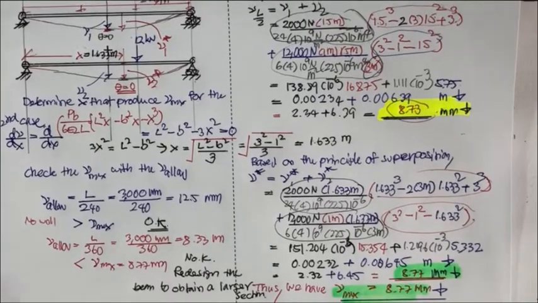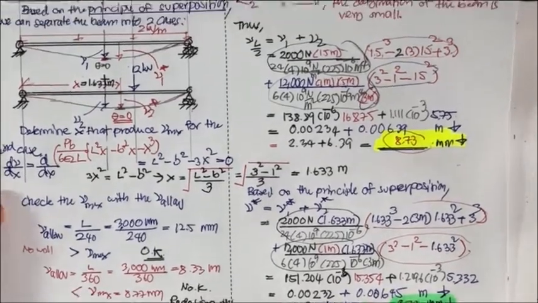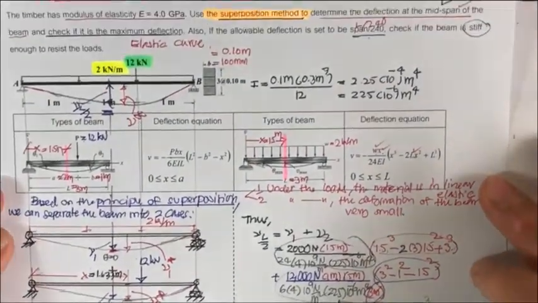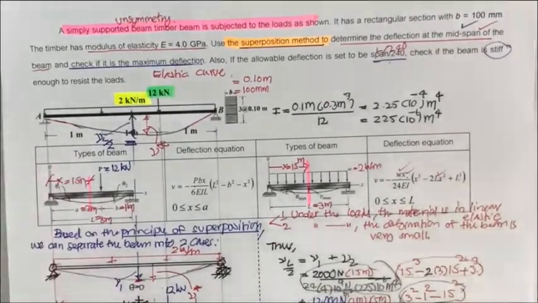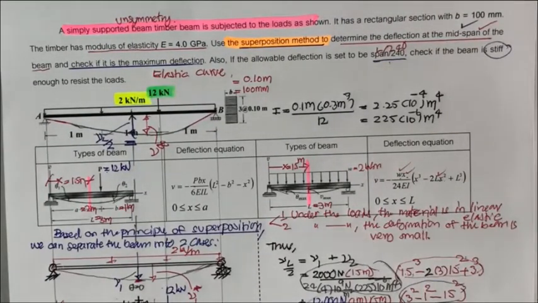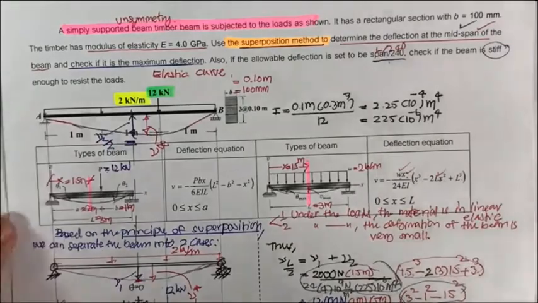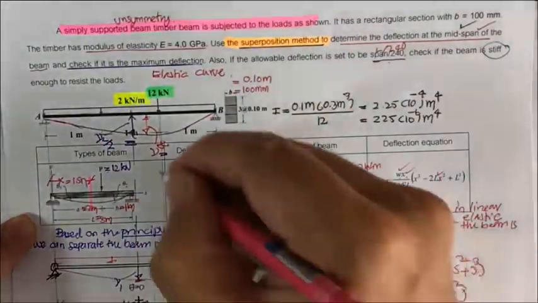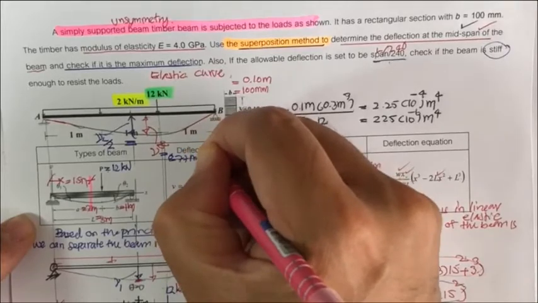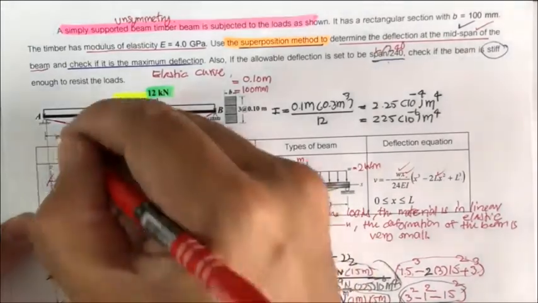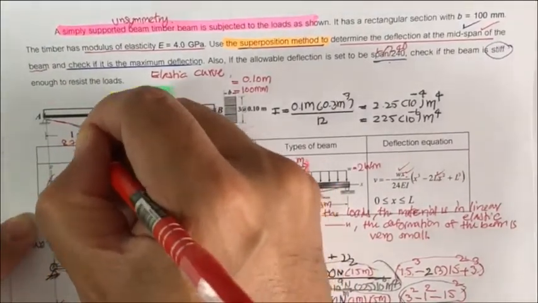Okay, that is all we have for this problem, and I think you may recall what we have previously in mechanics of materials. You may see that sometimes the maximum deflection occurs at the midspan of the beam, but in this one the maximum occurs here, with the value of 8.77 millimeter, which is actually close to the midspan value of 8.73 millimeter.